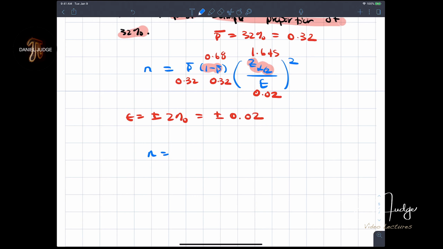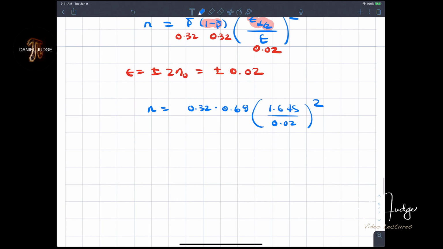So sample size will be 32% times 68%, and don't forget 1.645 over 0.02, raised to the second power. And this is how we estimate the minimum sample size for a study about a population proportion.